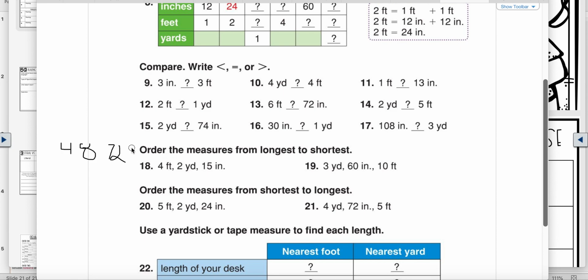And then we have 15 inches. So now you can very easily make this from longest to shortest. We've got 2 yards, 4 feet, and then 15 inches.